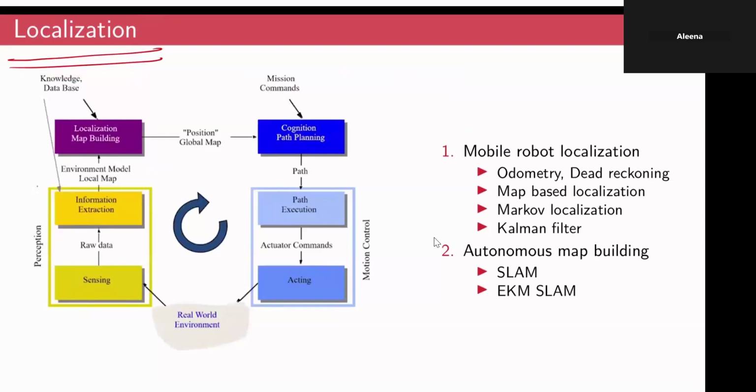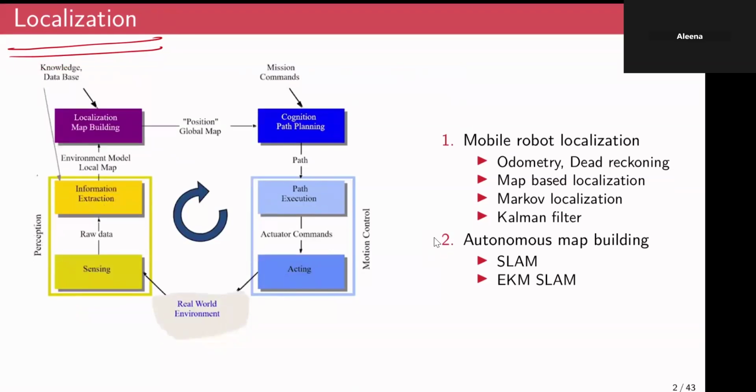All right, so for the last week we have covered the part we call the perception subsystem, where we would use sensors to have a good understanding of our environment.